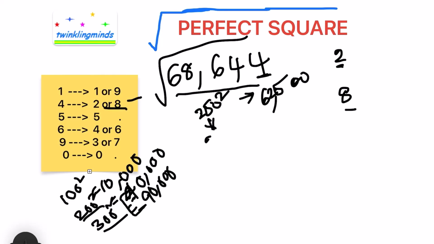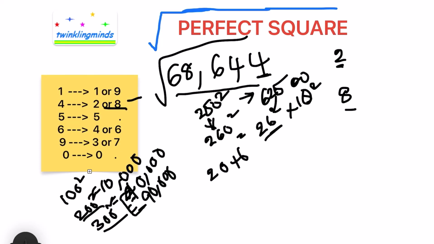So let us look at 260 square. What's the value here? Let us split this 26 square, and then 10 square, I'm just making it easier. Now 26 square, can I write 20 plus 6 whole square? Right? What is this? A plus b whole square. So a square, that is 20 square, plus b square, that is 6 square, plus 2 into a into b, that is 20 into 6.